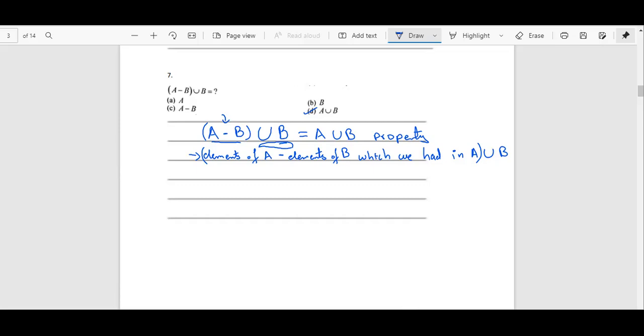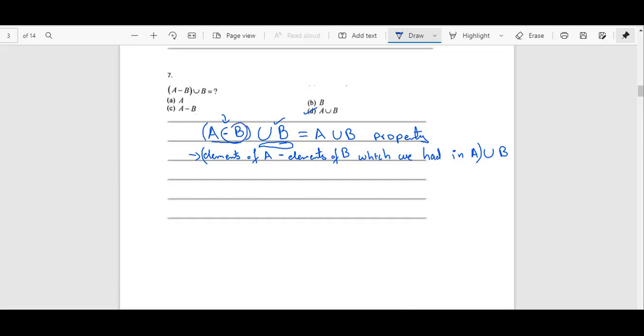Since after A minus B we had union B, and A minus B implies every element of A without the elements of A which were in B, we only consider the elements of A without the elements of B which were in common with A. And since we are taking union with B, we are going to get back this part.